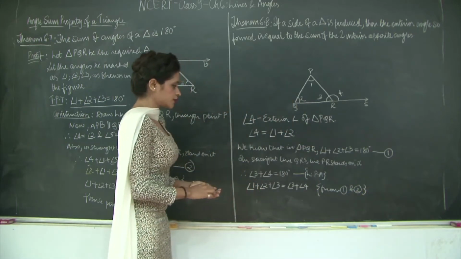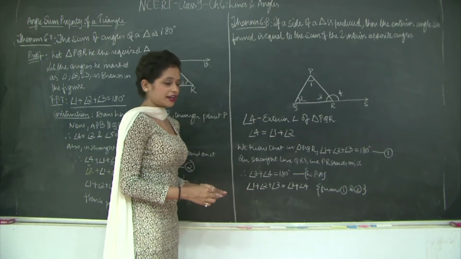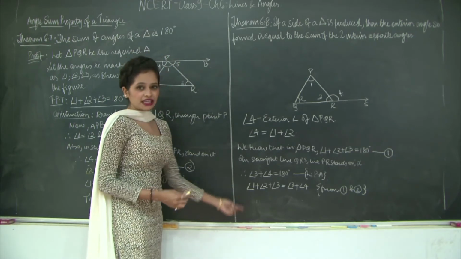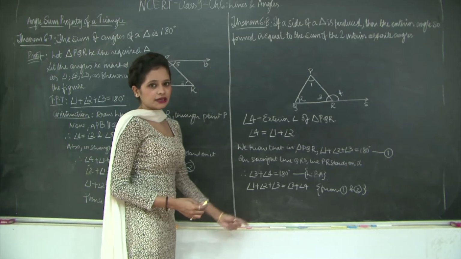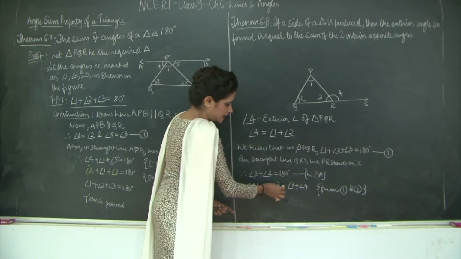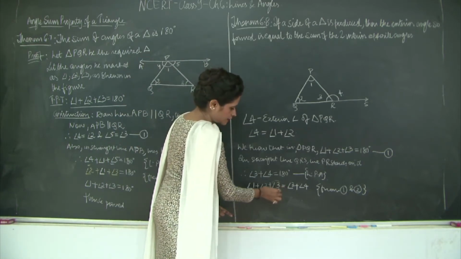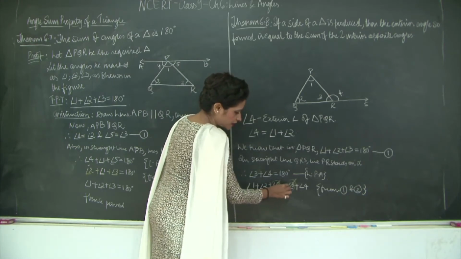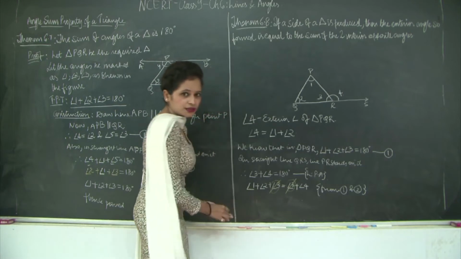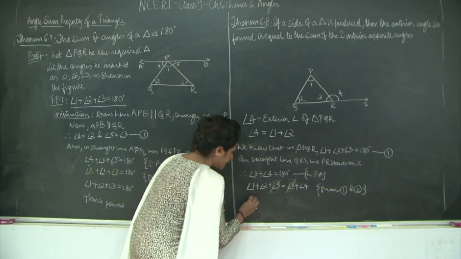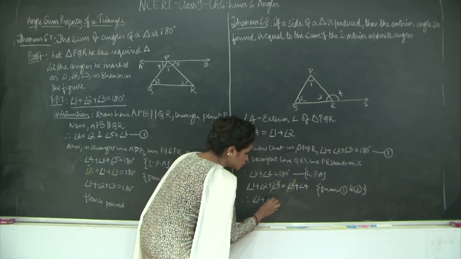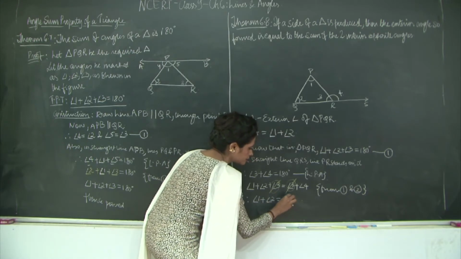So, according to the axiom that we learned in chapter 5, axiom number 3 from section 5.2, if equals are subtracted from equals, then the remainders are equal. So, we have an equal over here plus we have 3. If I subtract the equals from this equal, my remainders are going to be equal. Therefore, I get angle 1 plus angle 2 is equal to angle 4.